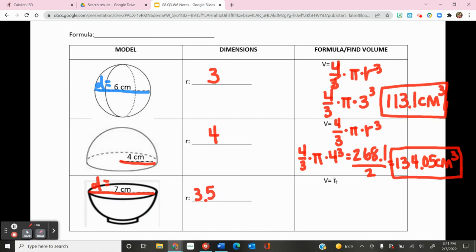So then I'm going to copy down the formula for volume of a sphere, which is 4/3 times pi times radius cubed. Now I'm going to plug in my dimensions. So this is 4/3 times pi times my radius, which is 3.5 cubed.